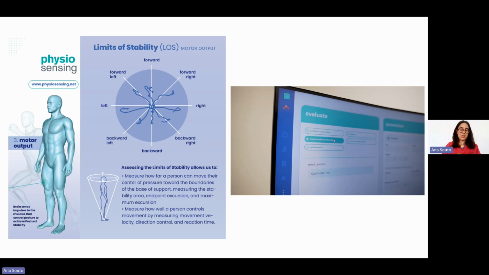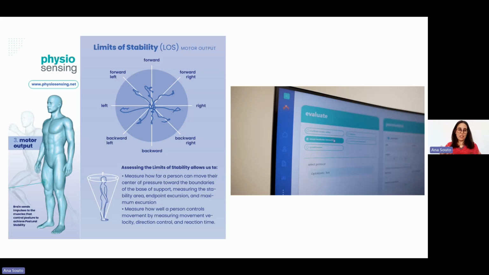The goal of this test is to assess how much the patient can displace their center of pressure or center of mass towards the limits of the base of support, and how well and how safely the patient can produce this movement.